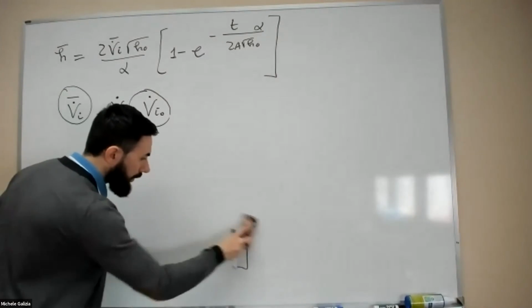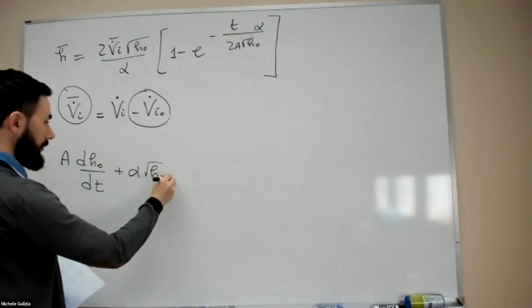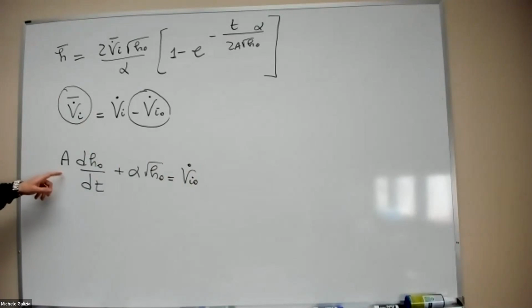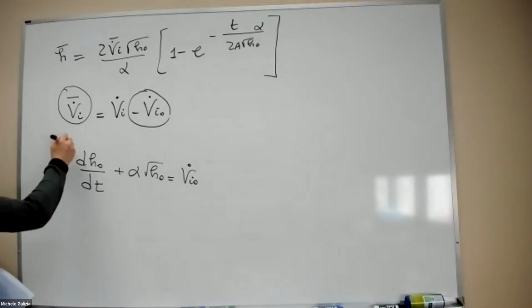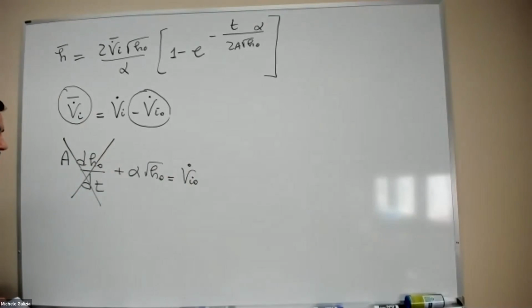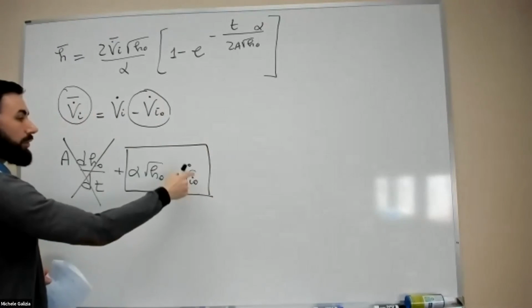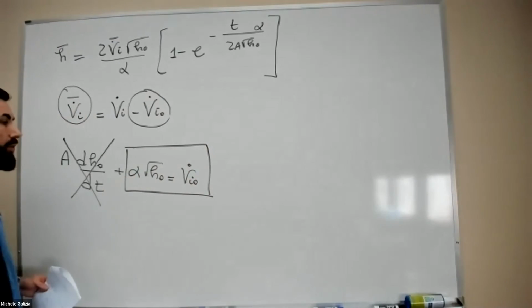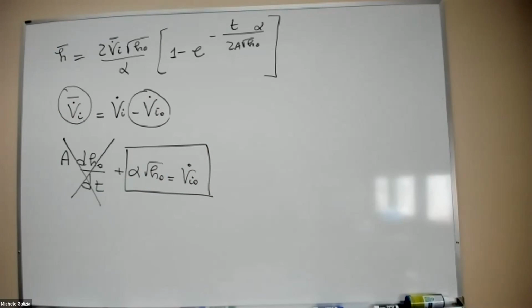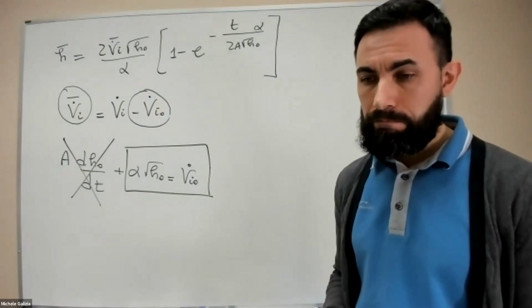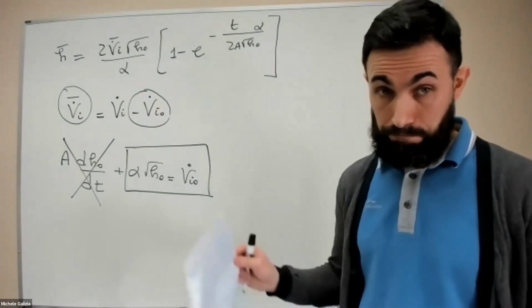When the system was originally at steady state, this mass balance equation holds true, but at steady state this derivative is clearly equal to 0. And so Vi0 dot is alpha, the square root of h0, obviously. Does this make sense? Yes. Are you sure? Everyone?